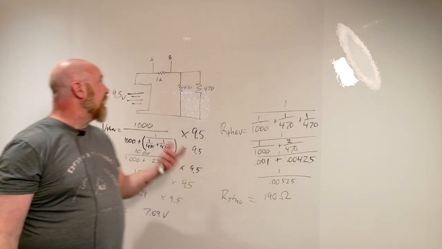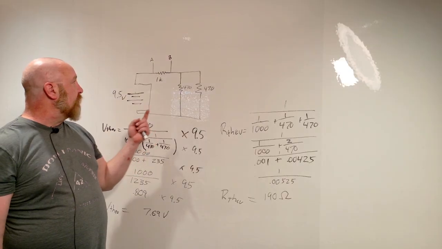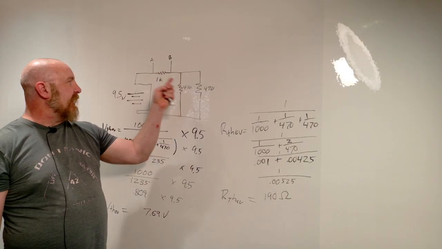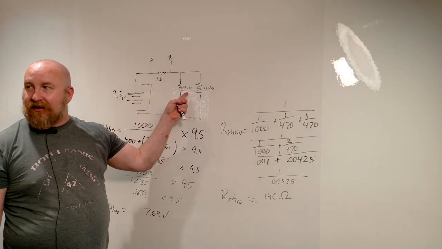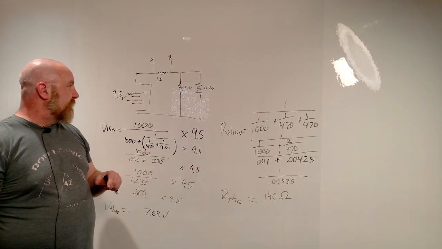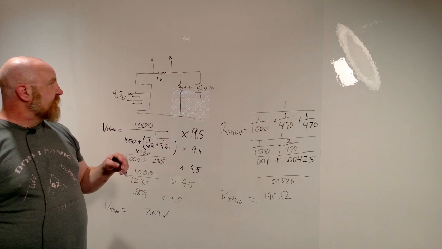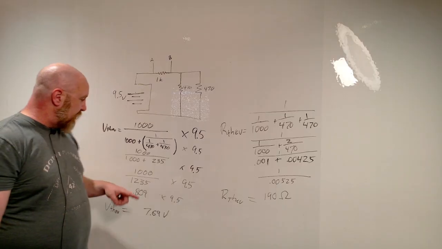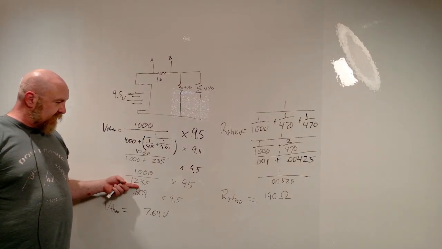If I did that, the voltage drop there would switch, and you can see it would just be 1K in series with 470K. Our total resistance would be 1,470. And so this right here would be that.